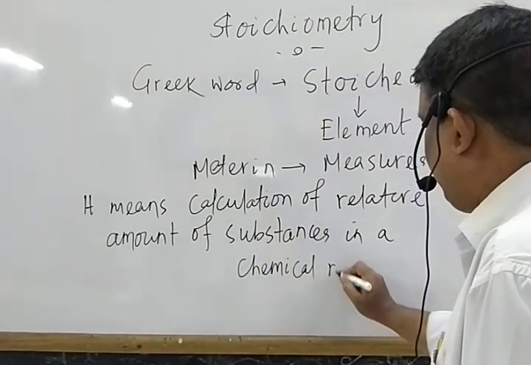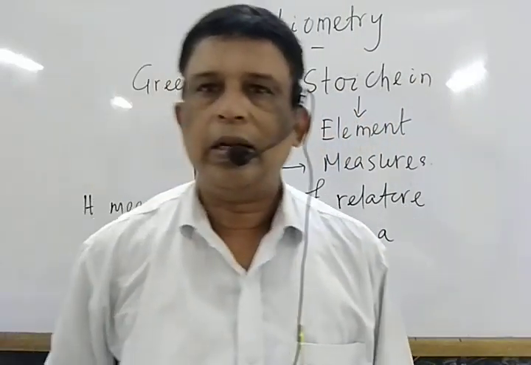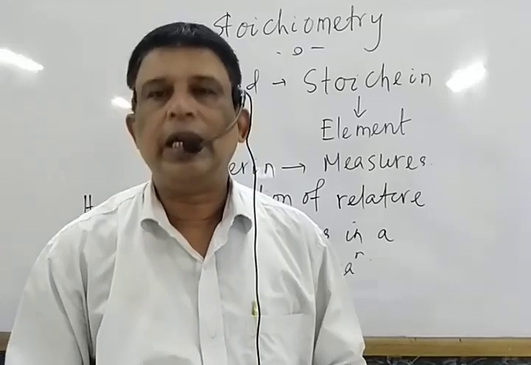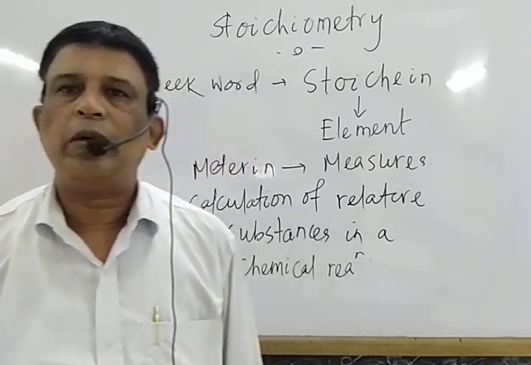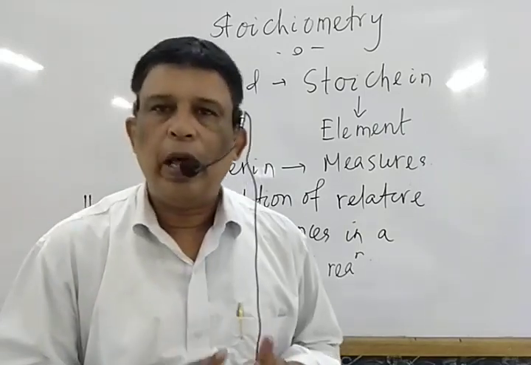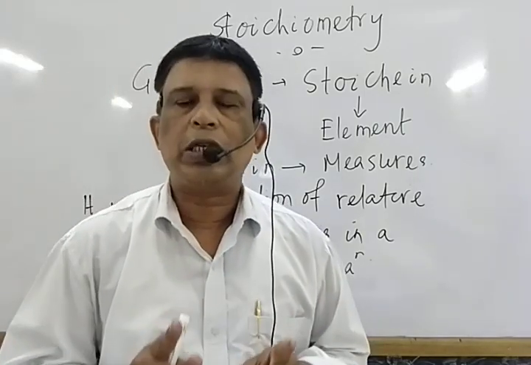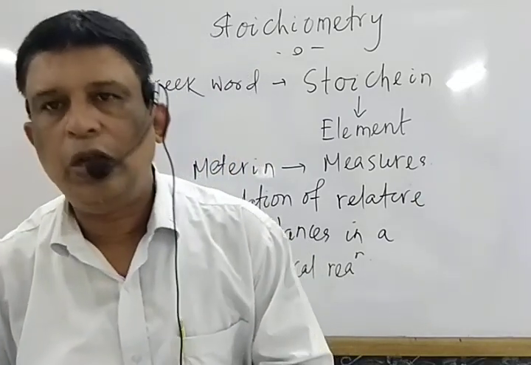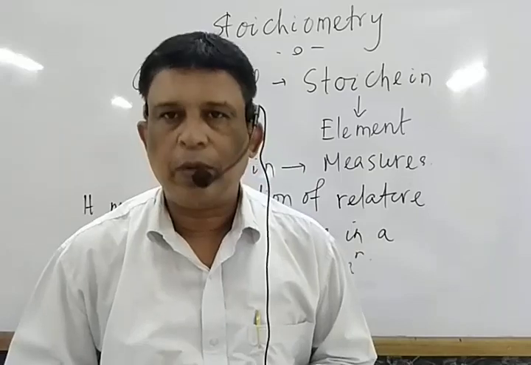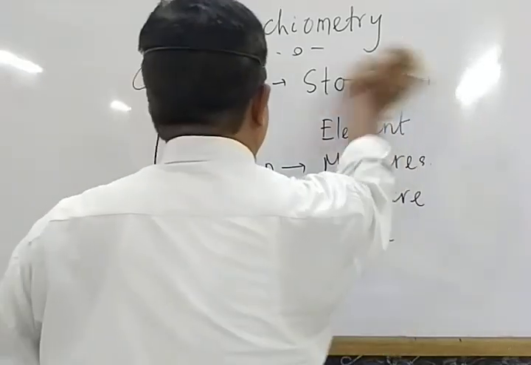So under this heading, we go through generally three types of problems. One is problems based upon mass-mass relationship, problems based upon mass-volume relationship, and third one, problems based upon volume-volume relationship. Mark that.